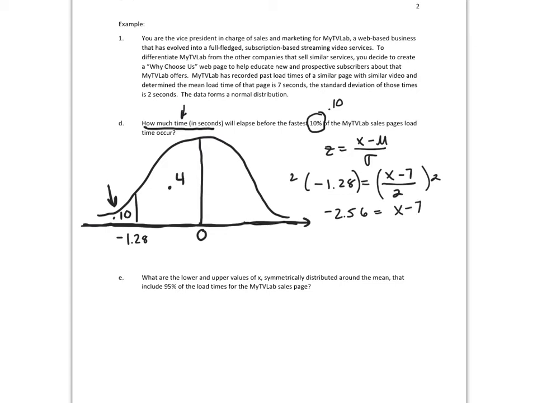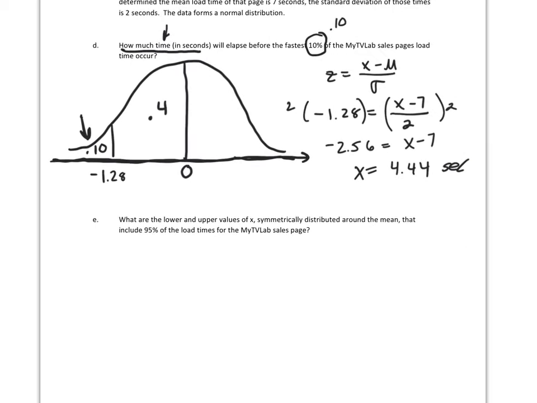Add 7 to both sides, and you get x equal 4.44 seconds. So how many seconds will elapse before the fastest 10% of the pages load? 4.44 seconds.